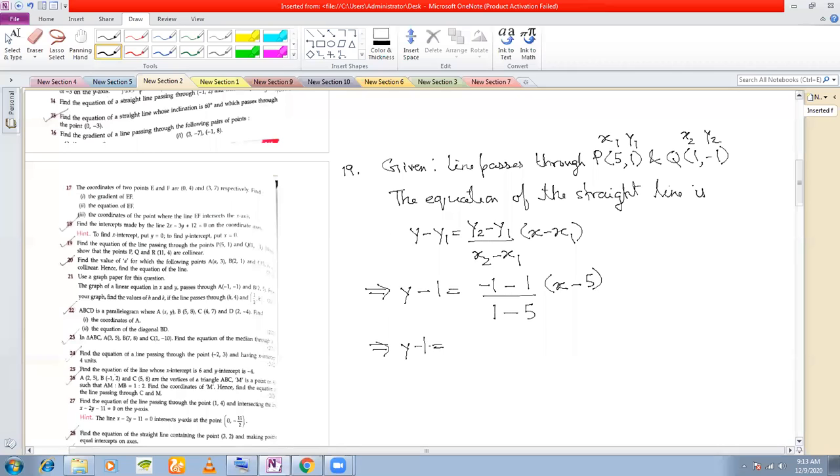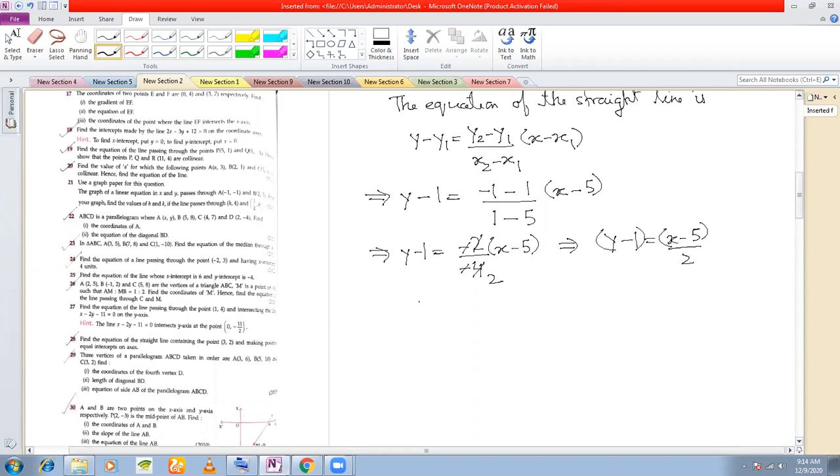y minus 1 is equal to minus 2 by minus 4 into (x minus 5). So you cancel these two, and you get y minus 1 is equal to (x minus 5) by 2. Now you cross multiply, and you have to express the answer in general form.